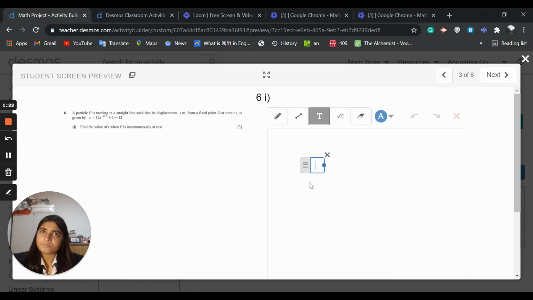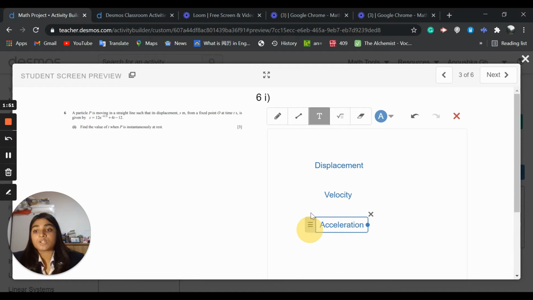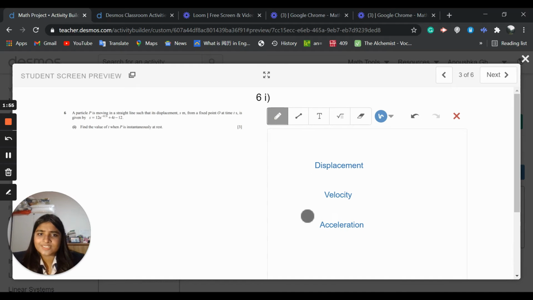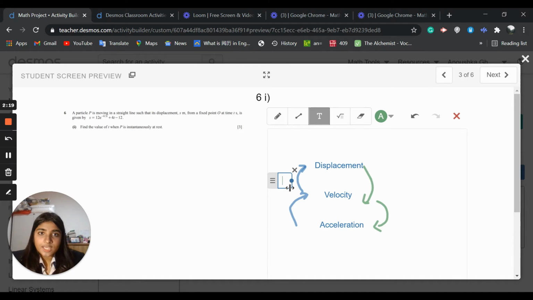Now, we only have s being displacement. How do we change displacement into velocity? Well, I'll give you an easy formula for you to remember. All you need to know is the basic laws of integration and differentiation in order to master kinematics. Integration of velocity to find displacement.